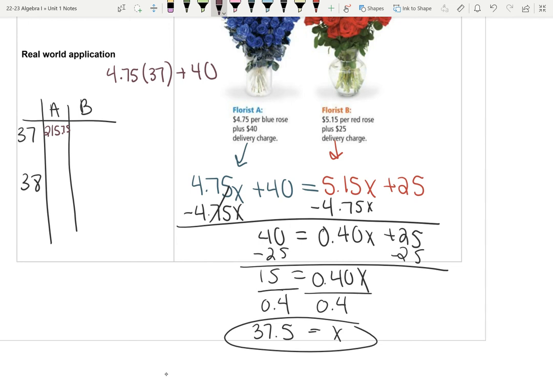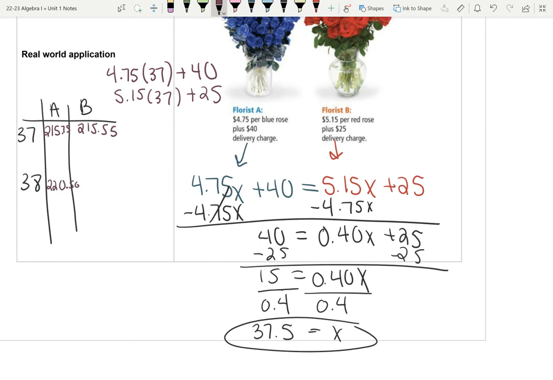Now we're going to do the same thing for florist B. Florist B would be $5.15 times 37 plus 25. So 5.15 times 37 plus 25 is $215.55. Now I'll do the same thing for 38. So 4.75 times 38 plus 40 gives me $220.50.